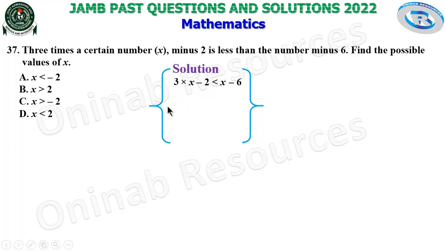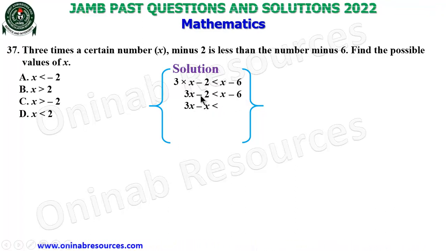We multiply out: 3x minus 2 less than x minus 6. So solving this inequality, we move this x to the left hand side. We have 3x minus x is less than, we move this negative 2 to the right hand side.